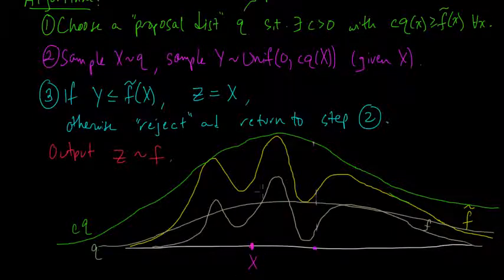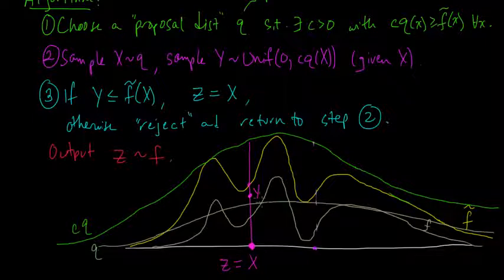And we draw y uniformly from this interval, and maybe this time we get this point here. That's our y. And now y is less or equal to f tilde of x. F tilde of x is right there. So we accept, and our sample is this x. So z is our sample, and it's this point right here.